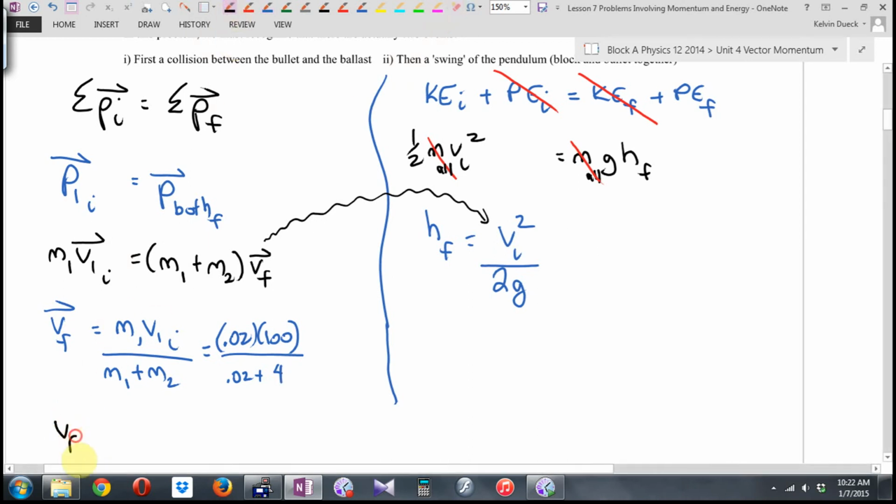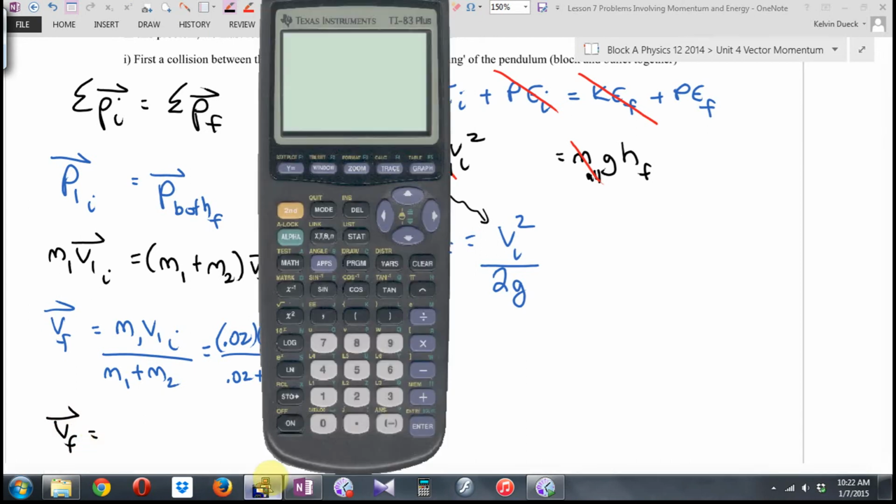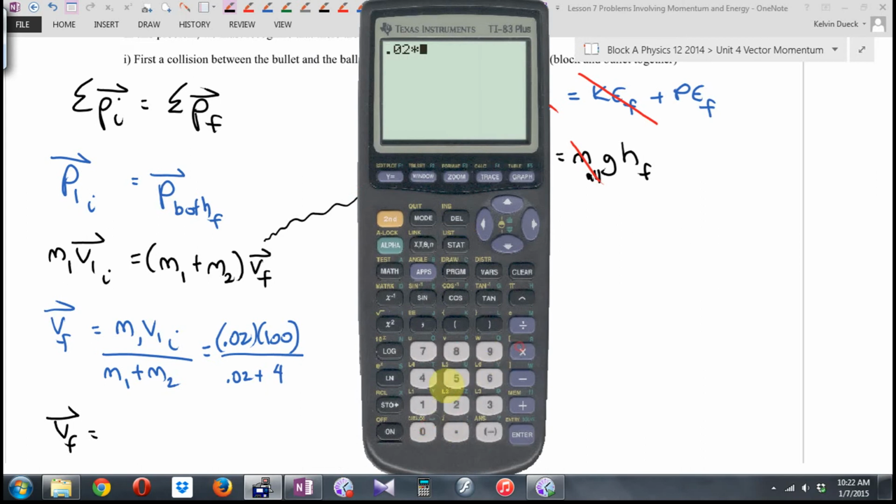So after the collision, how fast do they move off at? 0.02 times 100 divided by, well, 4.02. I think I can add that in my head. They move off at, you guys get 0.4975, blah, blah, blah.